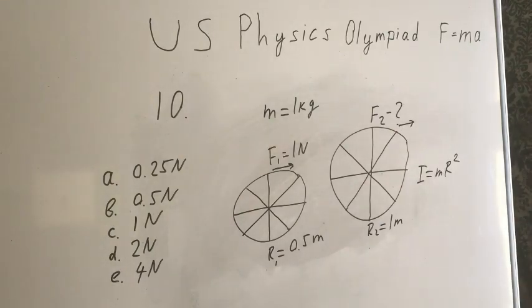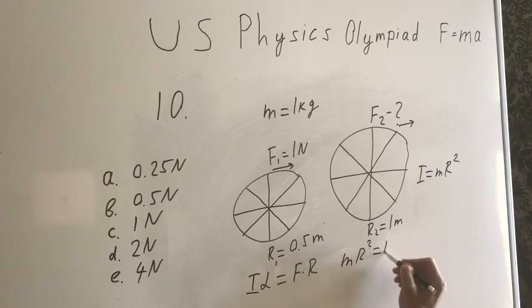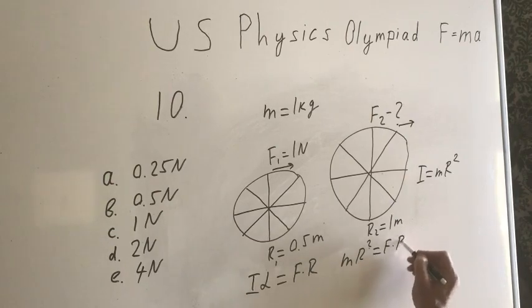So we can use this rotational formula for angular acceleration. That's I alpha equal to Fr, and if we use the expression for I as mr square, that will be mr square alpha equal Fr.